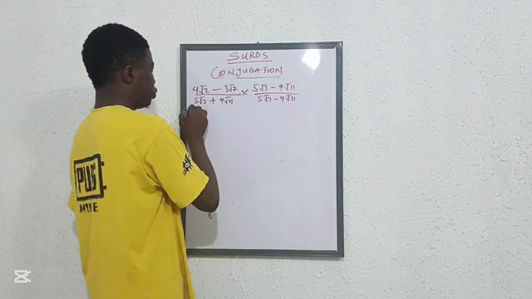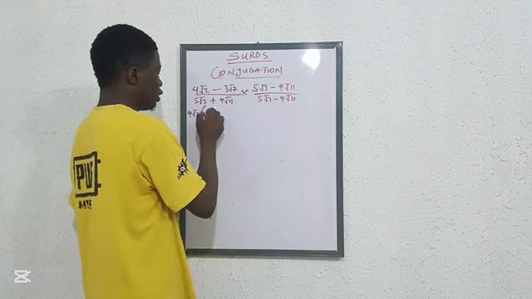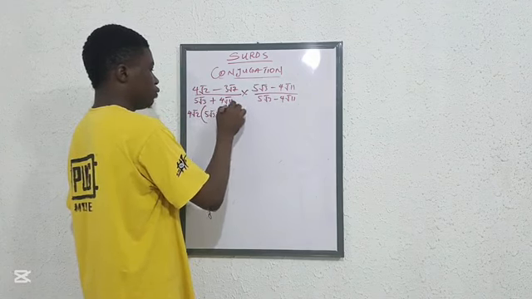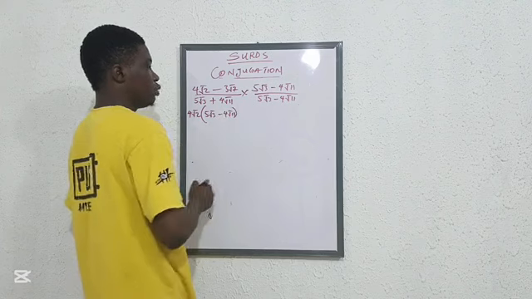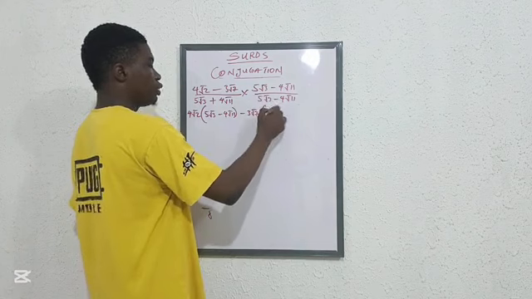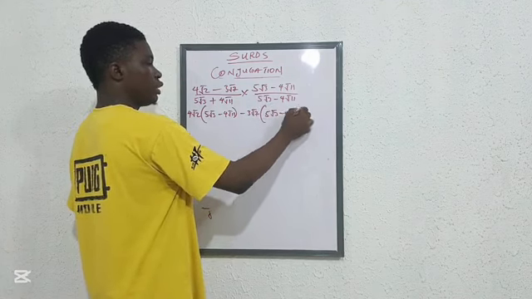So we're going to take the first one, 4 root 2, open brackets, take everything here, 5 root 3 minus 4 root 11, right? And take the minus 3 root 7, open brackets, 5 root 3 minus 4 root 11.